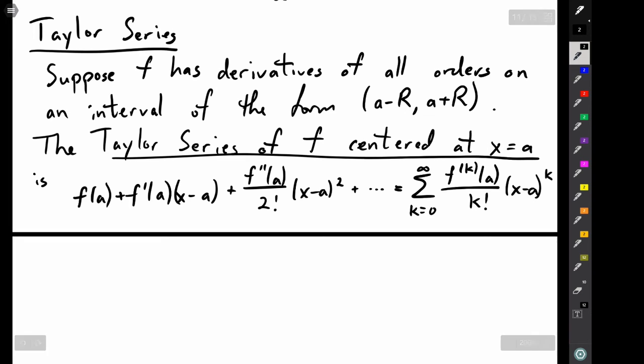Right? This right here is the Taylor series for a function centered somewhere other than 0.